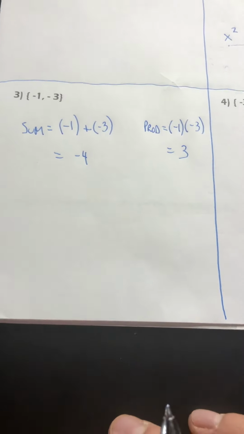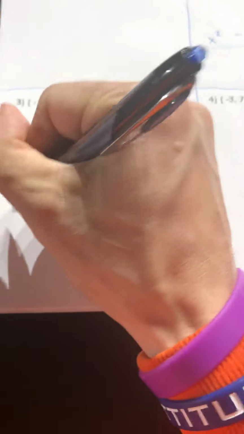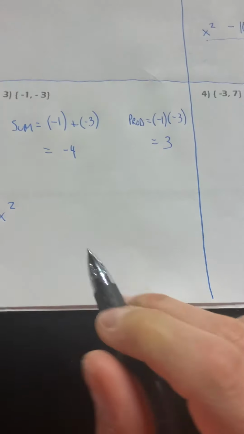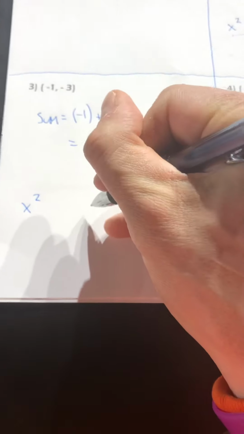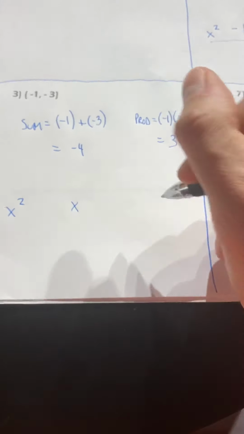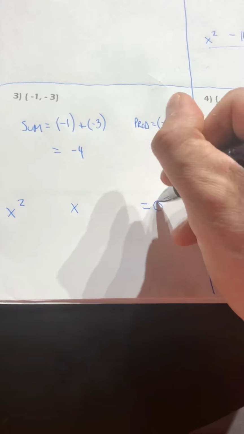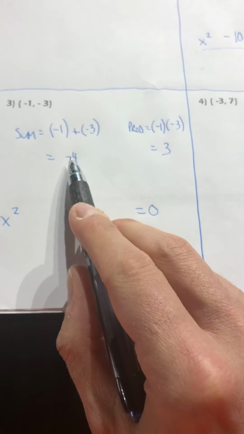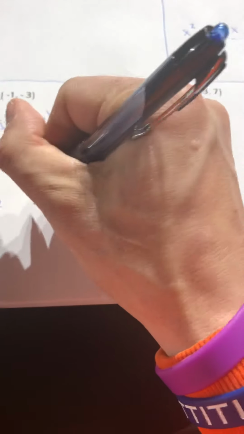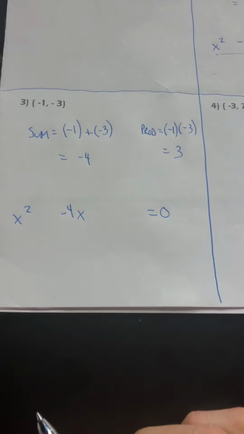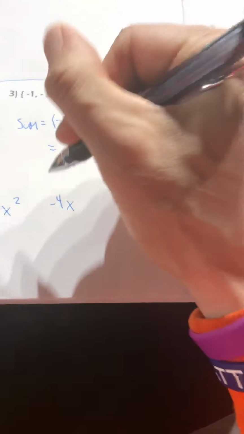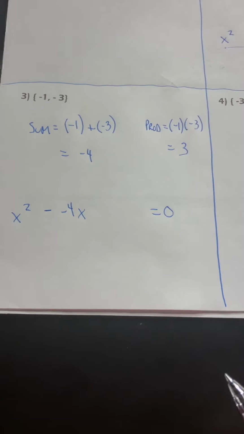So now we're going to write the equation just like we did. So we start off x squared. We know we're going to have an x. And we know it's going to be set equal to 0. Our b coefficient comes down here, so it's negative 4. Now, the one thing that we have to remember is that it's also a negative because negative b over a.